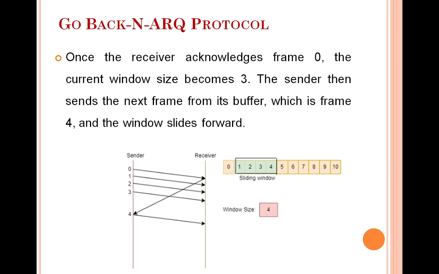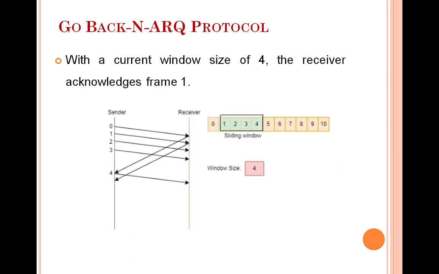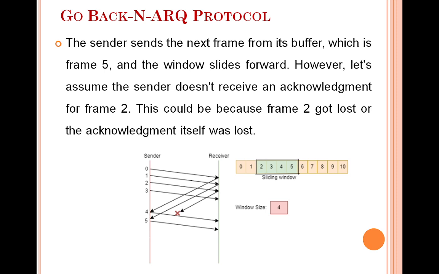So that's why only 4 is transmitted. After that, the receiver acknowledges 1, then it has started to send the next data frame 5.